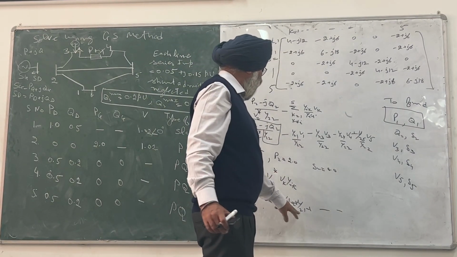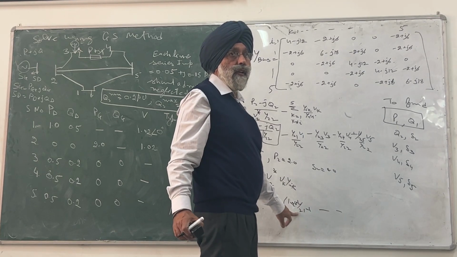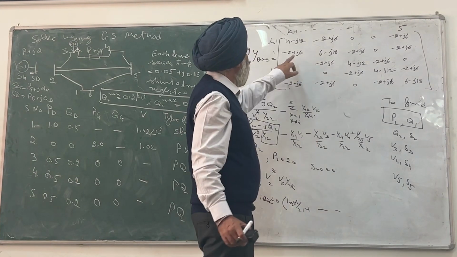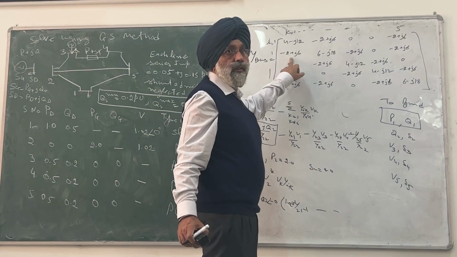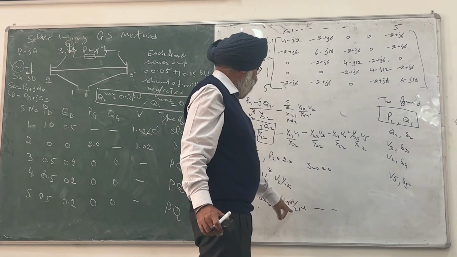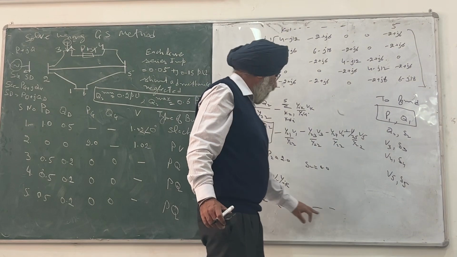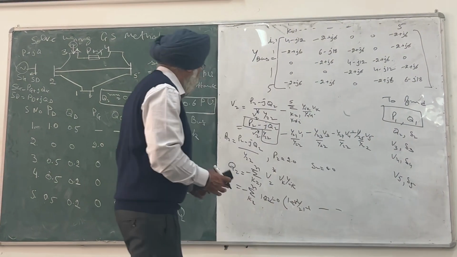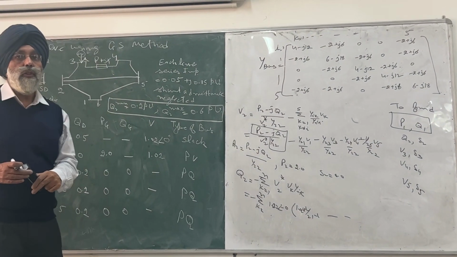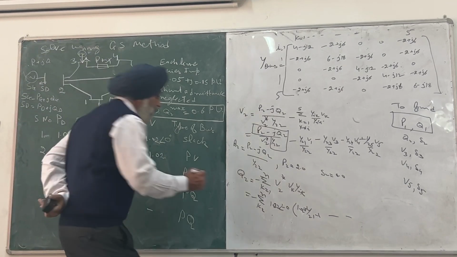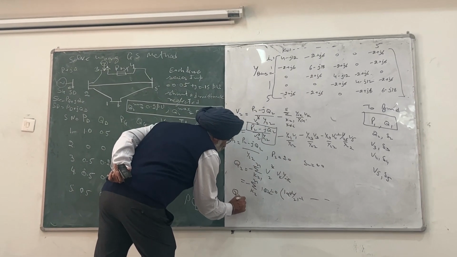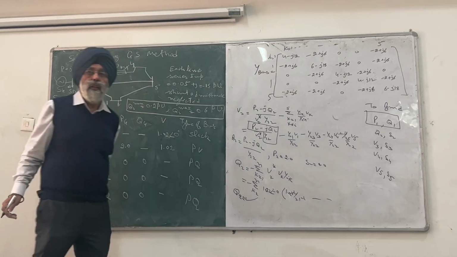So we have this magnitude and angle. We can calculate that by taking the tan inverse of this to get the angle theta. Similarly, we have the other terms. From this equation, we will be able to find the value of Q2. So calculate the Q2 from this.